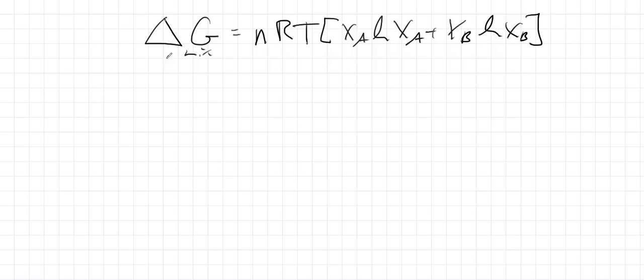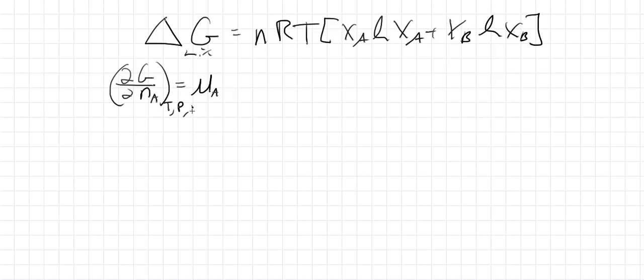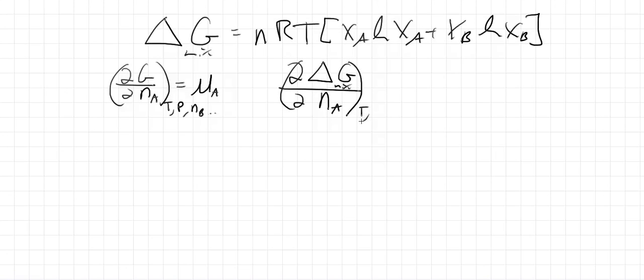If we take the derivative of the Gibbs function with respect to number of moles of A, at constant temperature, pressure, and moles of B, C, D, etc., that is equal to the chemical potential of A. We could also take the derivative of delta G of mixing with respect to number of moles of A, at constant T, P, and moles of everything else.